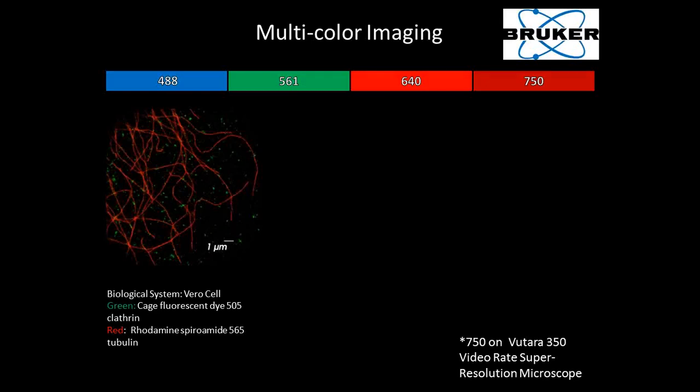The reason for that is, as you saw with the Jablonski diagram that I showed earlier, the photo switching of far red dyes as you move towards the redder part of the spectrum is just a lot easier to manipulate than with the green ones. With the lower wavelength ones, you need a lot more power to photo switch those, which is something we thought about on the Vitara 350 system.